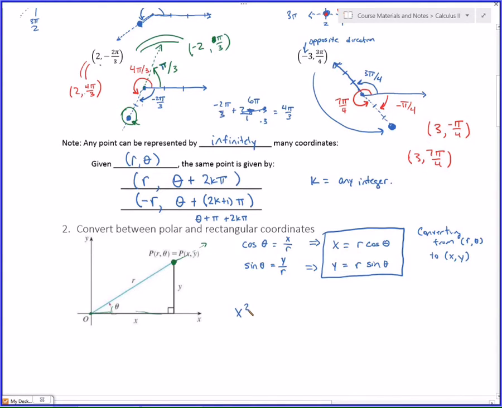Pythagorean theorem. x squared plus y squared equals r squared. So you can use that, or you can just go ahead and solve it. Square root of x squared plus y squared. That gets you your r. Okay? How are you going to find theta?